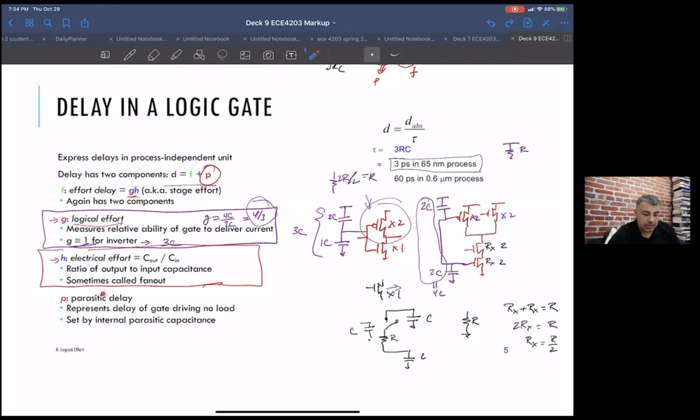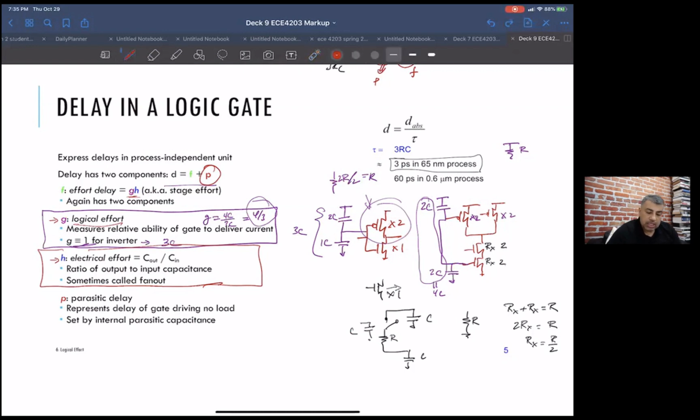And then finally, this one is pretty simple: the parasitic delay is just the delay you have on your drain, on your output, compared to the capacitance on the output of a unit inverter.